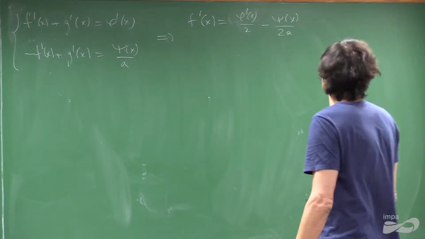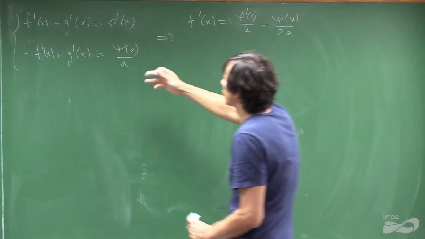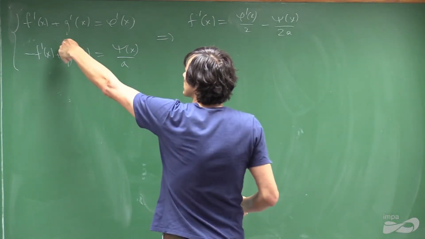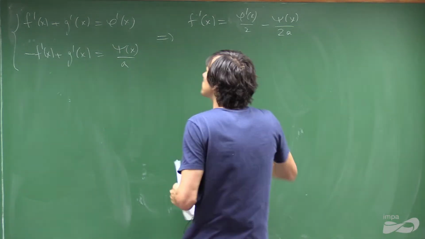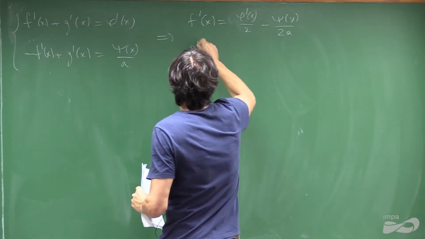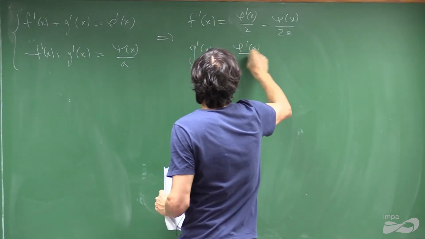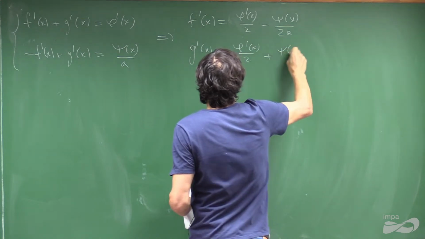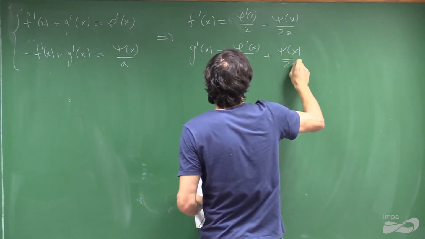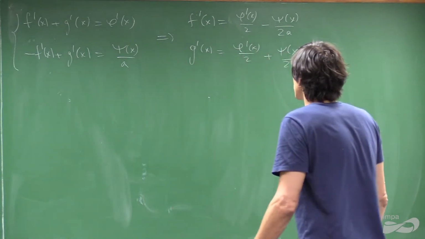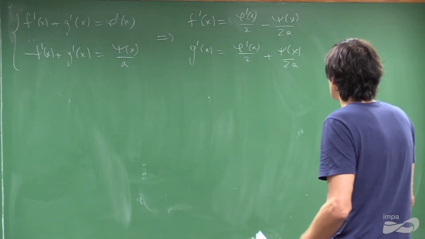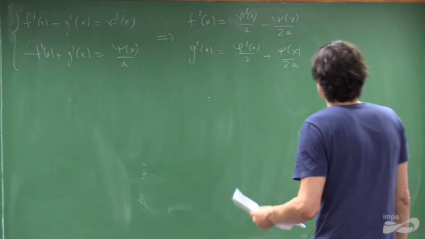This is how you find f prime, and the same way you find g prime. So you take a sum, divide by 2. Okay, we found the primes.